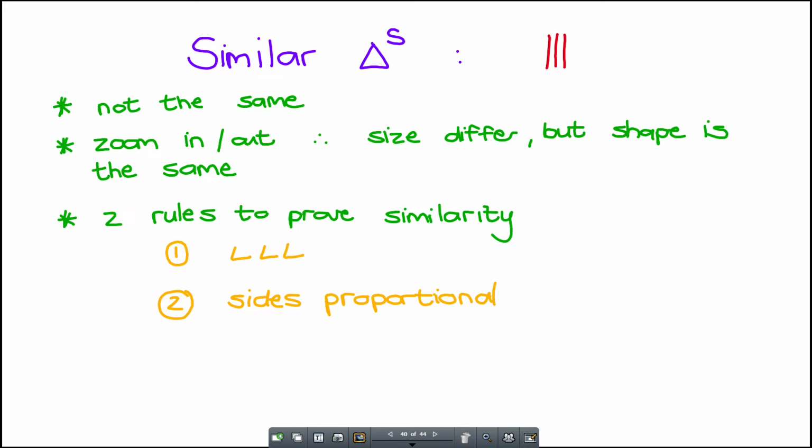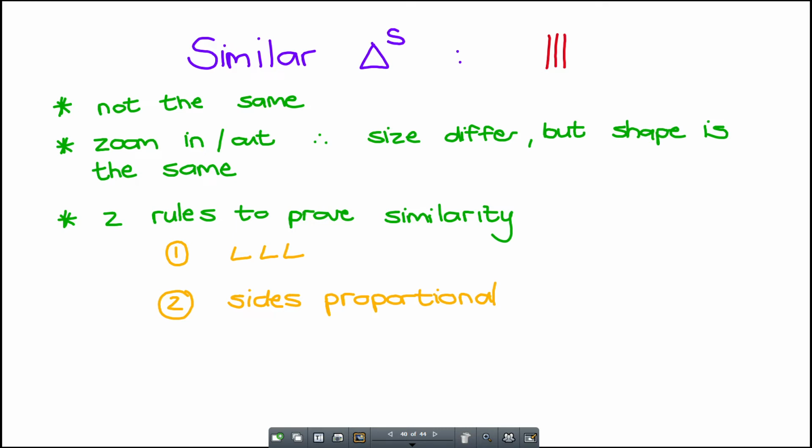No. Everything reduces, or everything enlarges. Does that make sense? So when you zoom in, you're making everything bigger, but it happens in proportion. So it's not a distorted picture. Okay, so that is the second way that we're going to prove that these 2 triangles are similar. We're going to say that their sides are proportional.